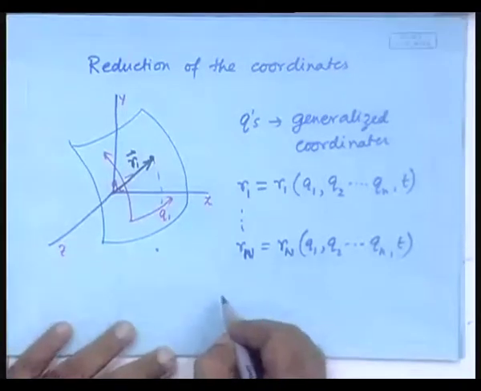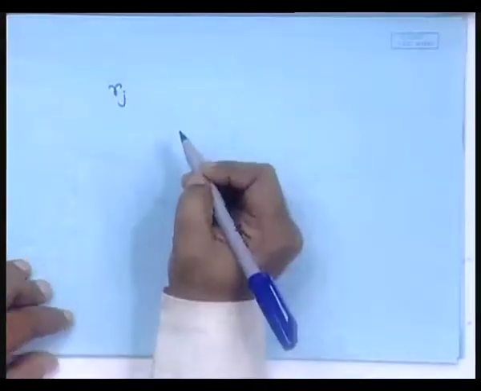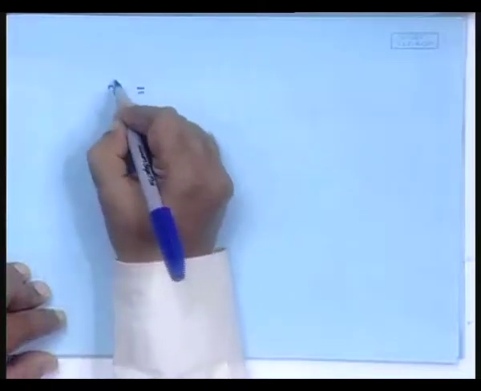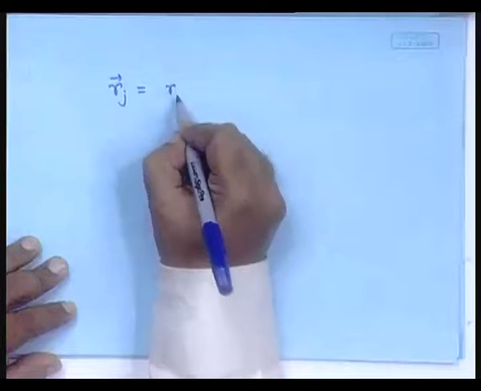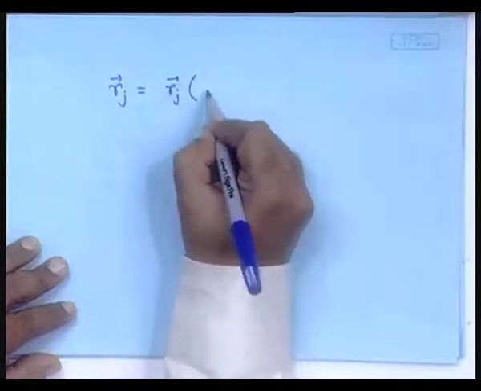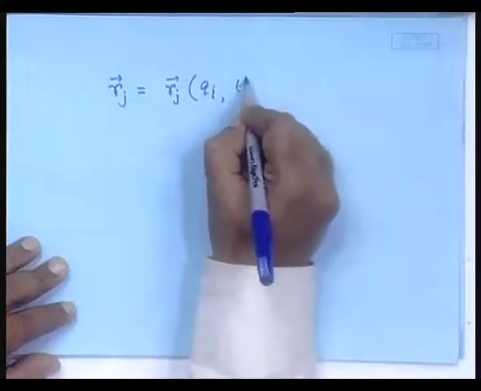So, in short, we can write then R j, the jth mass point, this is a vector, as R j of q I and time, where I goes from 1 to n.